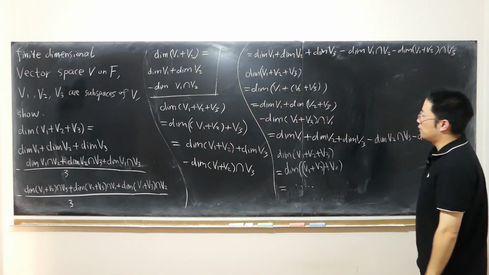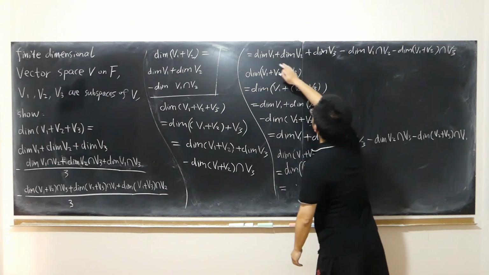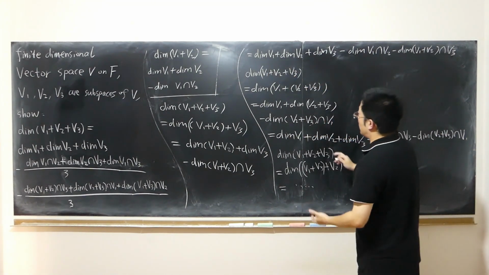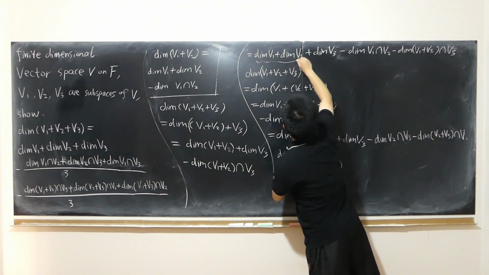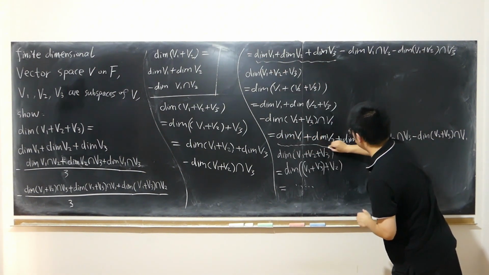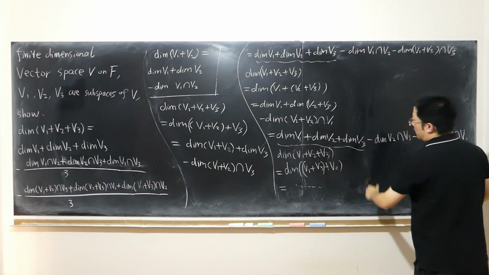Then you add up the right-hand side. This part and this part. So you realize that this part is the dimension of V1 plus the dimension of V2 plus the dimension of V3. Here you have the same thing, and again here you still have the same thing. Repetitive.